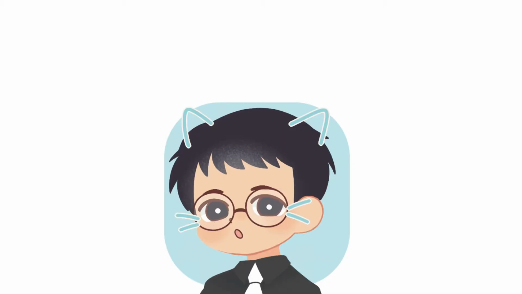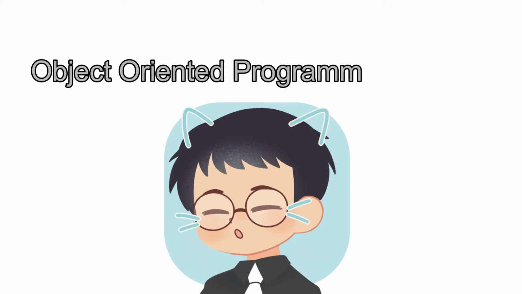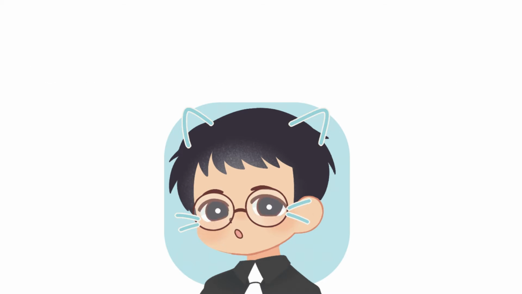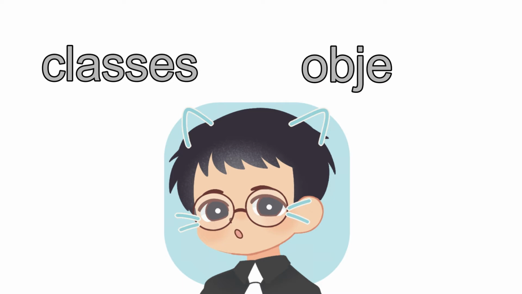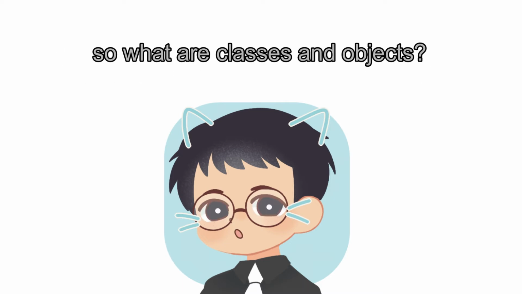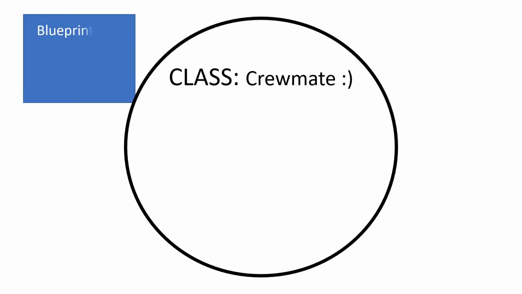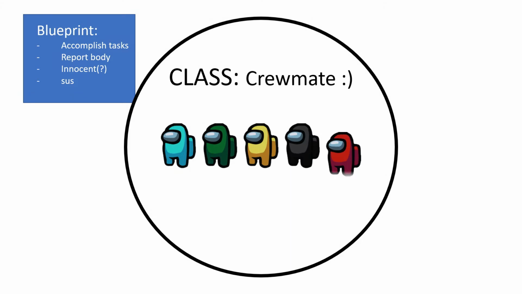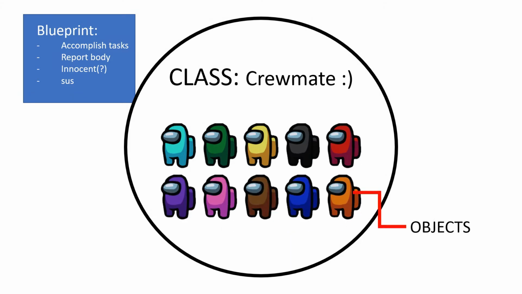Now that you know how to compile your Java files, let us now get to know what OOP means. Java uses Object-Oriented Programming or OOP to make use of classes and objects in the structure of the code. So what are classes and objects? A class is a template or blueprint that defines the details of an object. On the other hand, objects are specific examples of the created class.